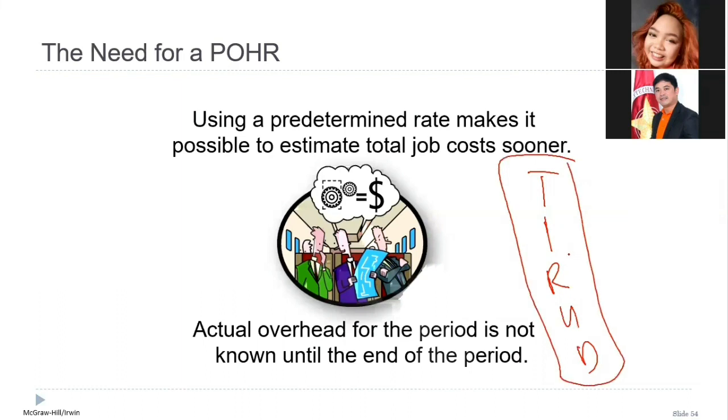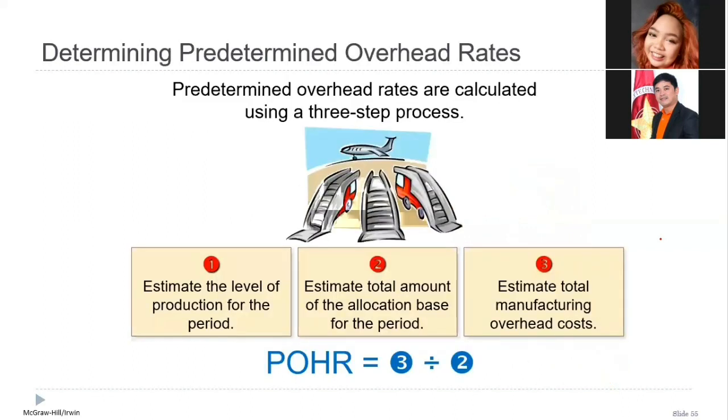Pero kapag naka-normal costing system tayo, at the end of the period, ma-estimate na natin yung overhead natin that we could assign to the product. Okay? And also, yung actual overhead costs can fluctuate seasonally. Kaya minsan, misleading din yung decision makers. Okay? So, let's continue.